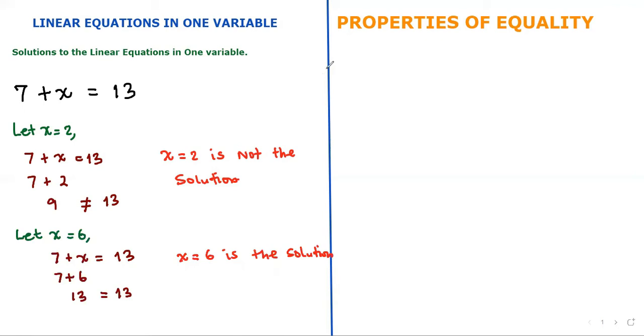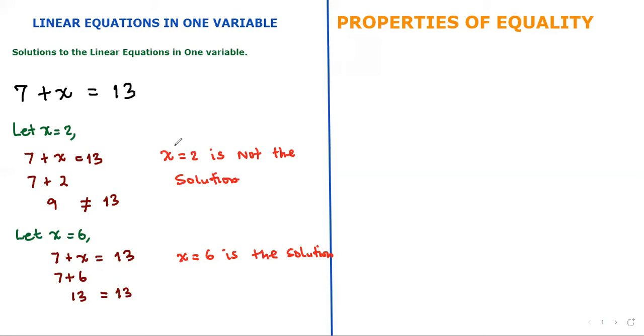So what we do, there are some properties that we must know. After knowing these properties, it will be easier for us to start solving linear equations without any problem, without any wastage of time.